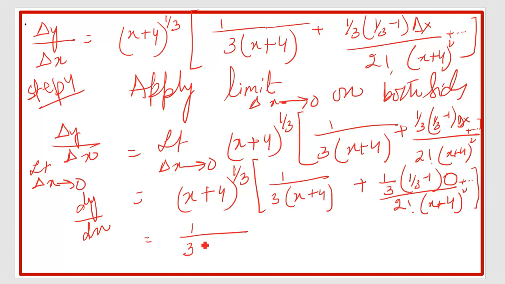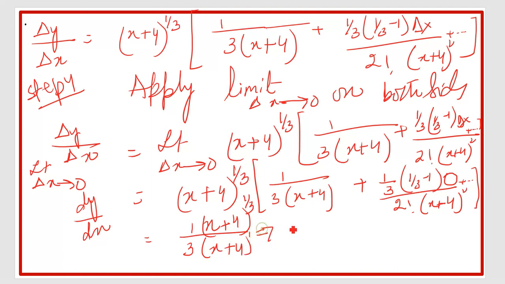We have 1 over 3 into x plus 4, here we have x plus 4 to the 1 over 3, and this would be 0. Okay, if you want you can write down 0 and then one more step. I do not have any room left here, that is why it is 0. So see, now the base is same, x plus 4 power 1 over 3. This is x plus 4 whole power 1.